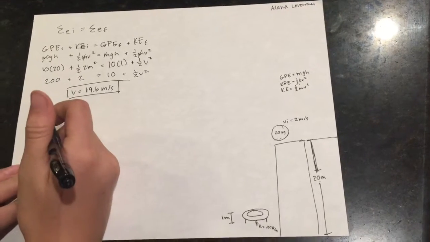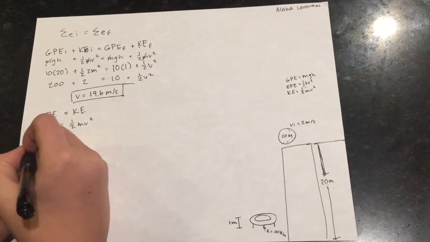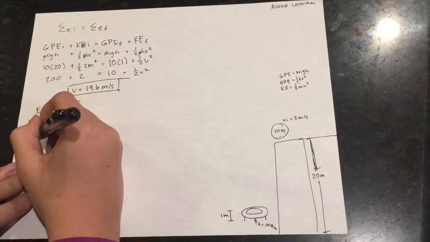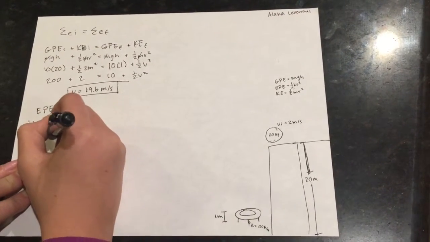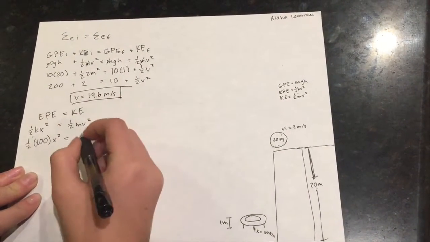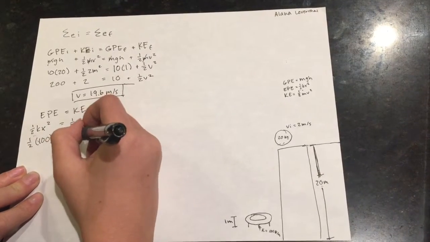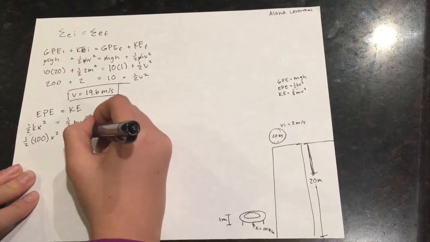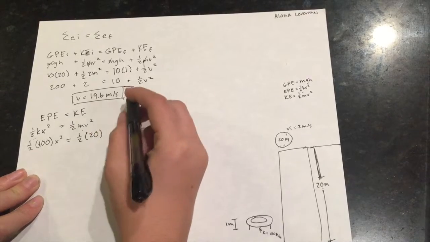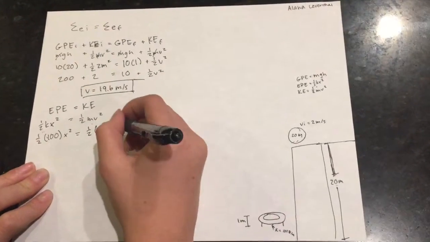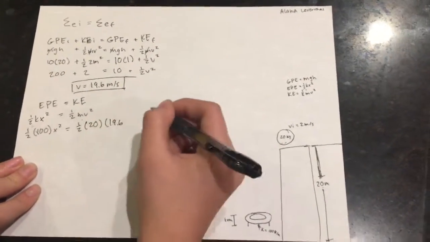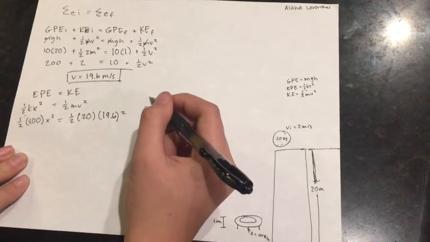So then k is 100, and 1/2, the mass of the ball is 20 kilograms, and then the velocity, which we just found, is 19.6. And then we need to square that.